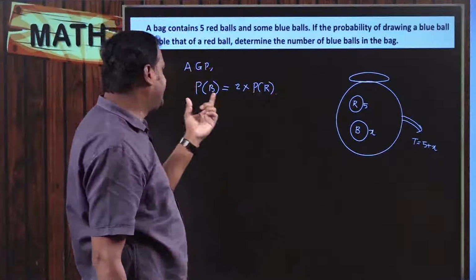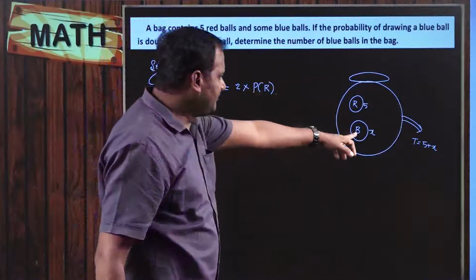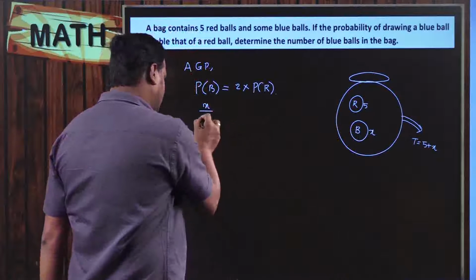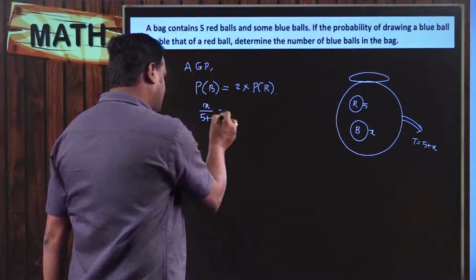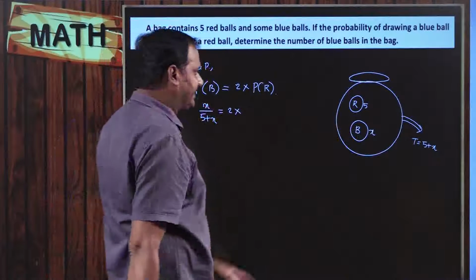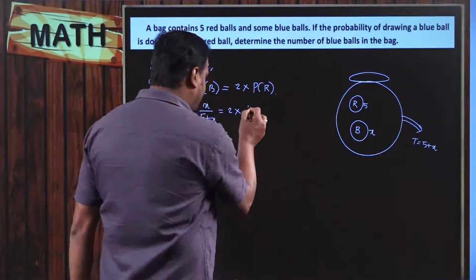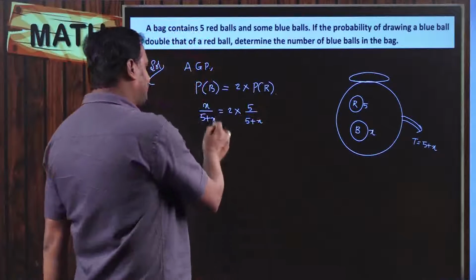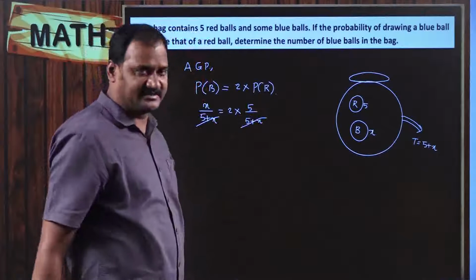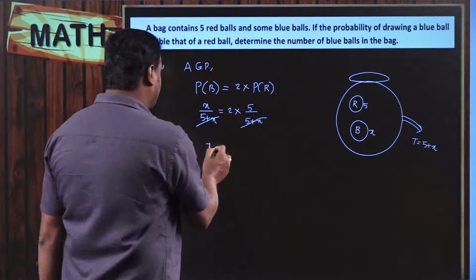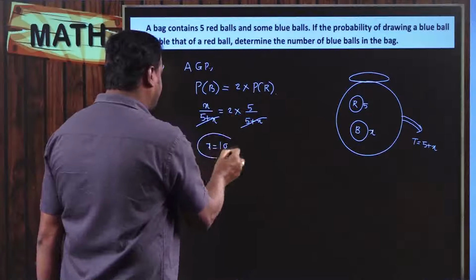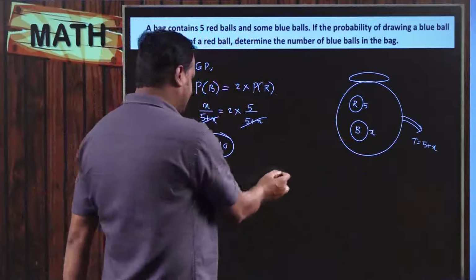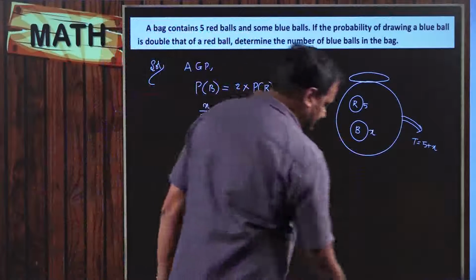In order to find the probability of getting a blue ball, the number of blue balls X divided by total number of balls 5 plus X is equal to 2 times the probability of drawing a red ball, which is 5 divided by total number of balls 5 plus X. And similarly, 5 plus X is a common denominator in both the fractions, so it can be cancelled, and then X is equal to 2 times 5 is equal to 10. Therefore, the total number of blue balls in the bag is going to be 10. So this way we can answer the problem.